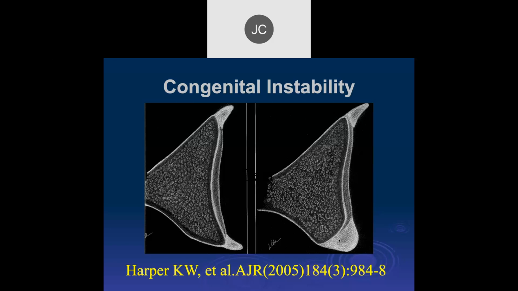We also can see this, I think, in older baseball pitchers and weightlifters, especially bench pressers, who will repetitively have trauma posteriorly and will wear away, or maybe even have multiple impacted fractures, producing an acquired deformity of the posterior glenoid where it becomes more rounded, and they tend to have posterior instability as well.